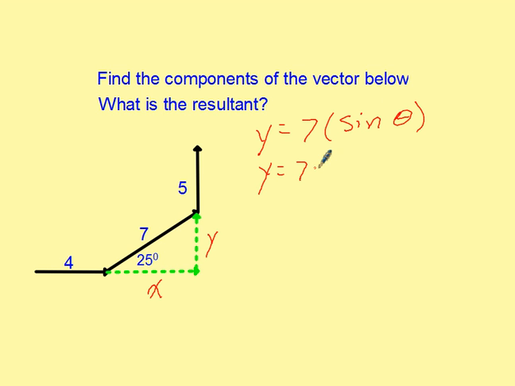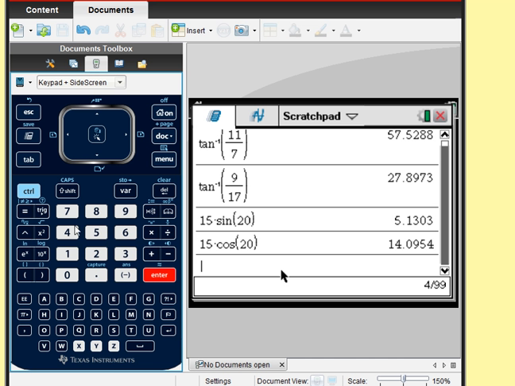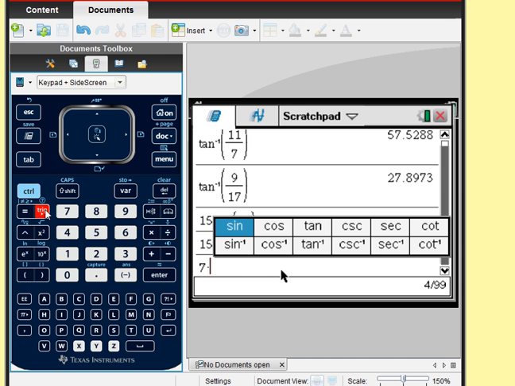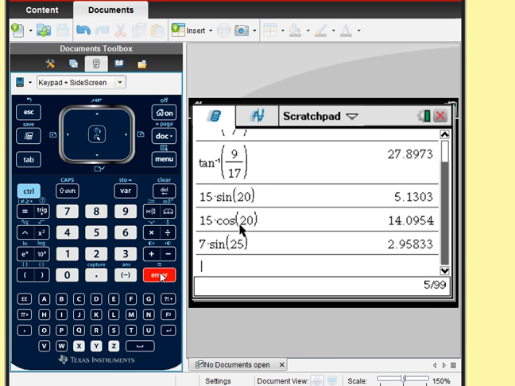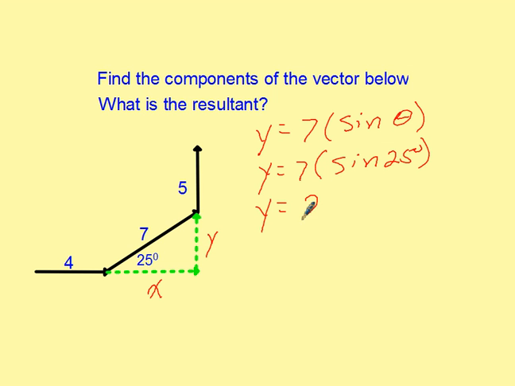So y is going to be equal to 7 times sine 25 degrees. 7 times sine 25 degrees equals 2.95. Y is equal to 2.95.